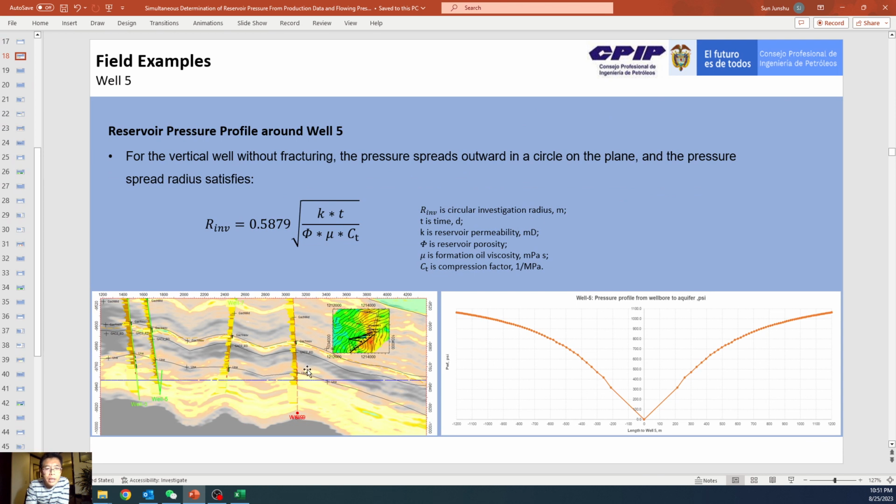Well number 9 is close to the aquifer, then number 7, then number 5. Then well 3 is far away from the aquifer, so the area reservoir pressure is the lowest among these four wells.